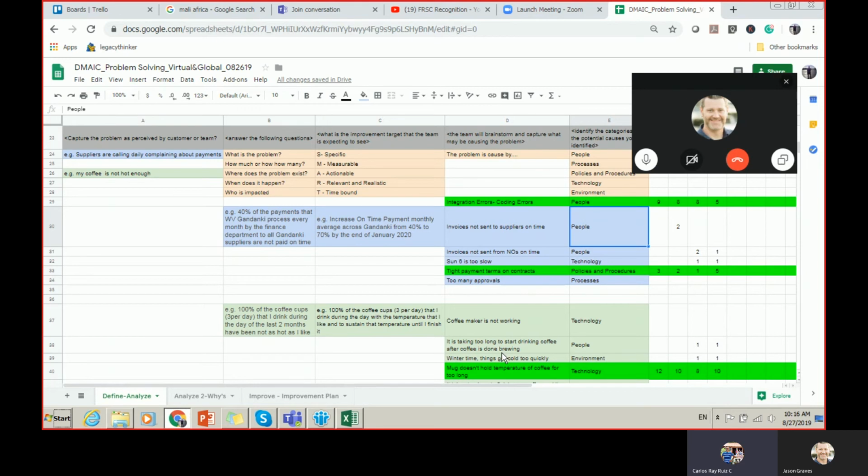That's okay. You have to let them know that unless they openly share what they think, the problems are not going to get fixed. But basically, in this process, they're capturing all the different causes of the problem.